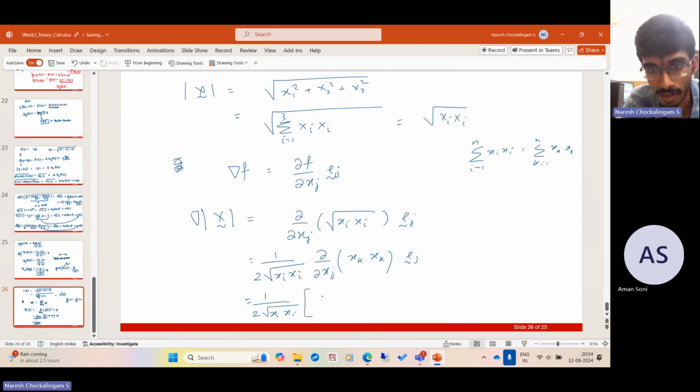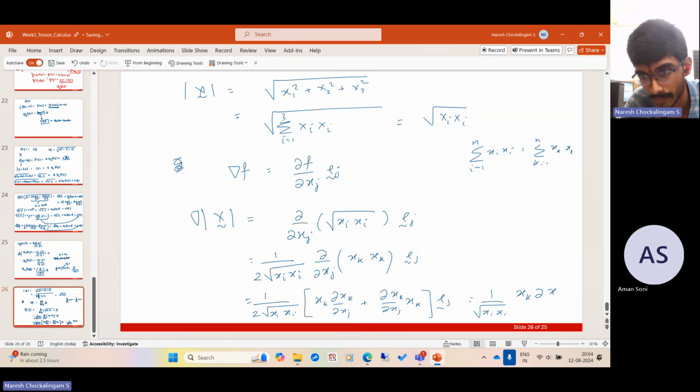Use the product rule: xk dou xk by dou xj plus dou xk by dou xj xk, ej. These two are the same. These are scalars, so you can just write it as 2 times xk dou xk by dou xj. That 2 cancels with this 2. So you get 1 by square root of xi xi, and xk dou xk by dou xj ej.